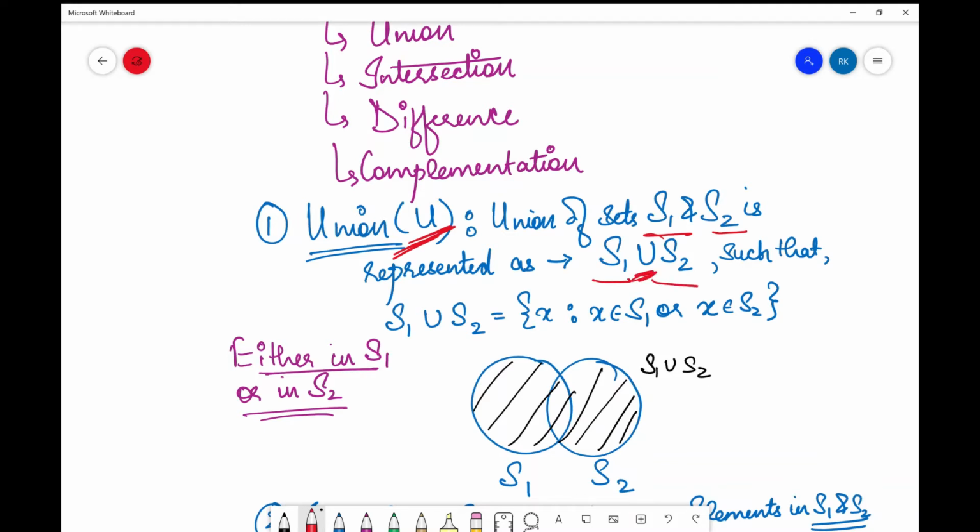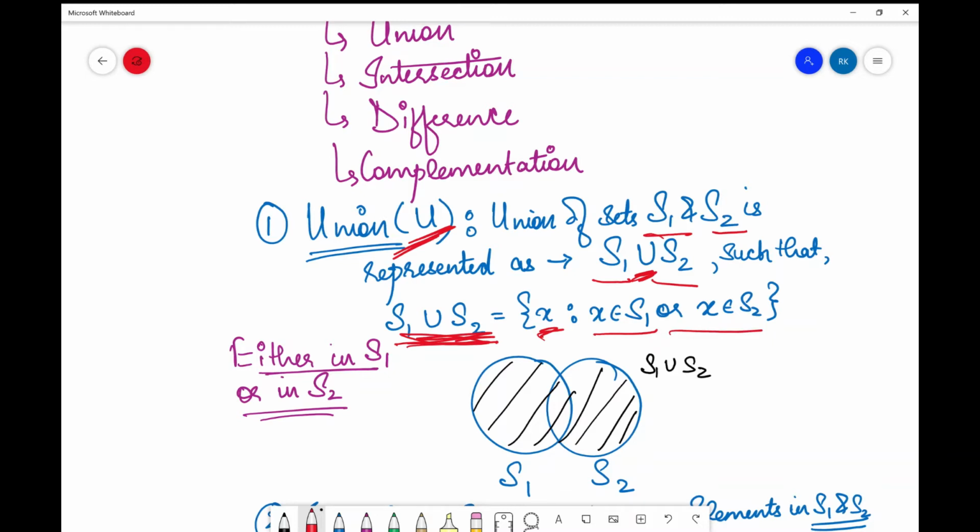In set builder notation, I would say S1 union S2 is equal to X such that X belongs to S1 or X belongs to S2. As simple as that.